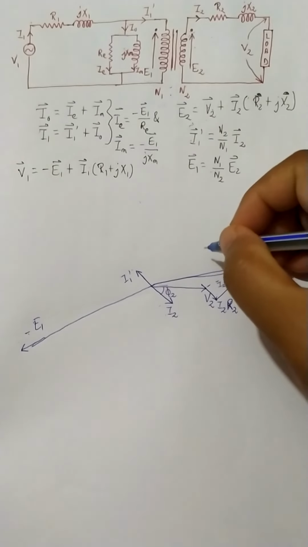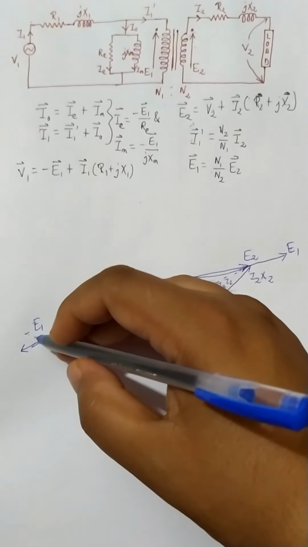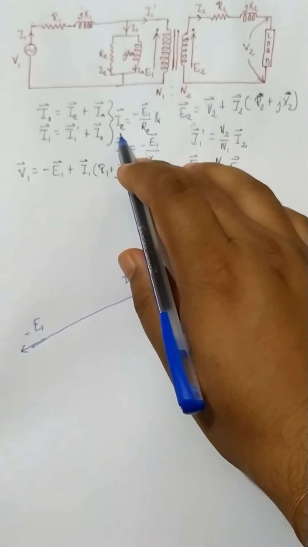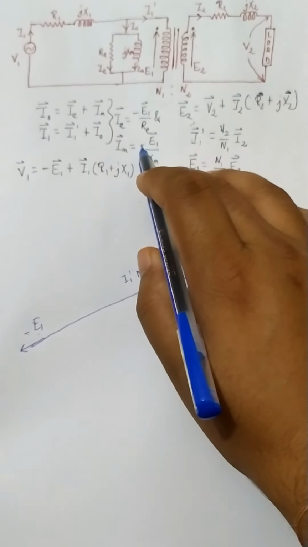Now what about E1 here? What about IE? That is equal to minus E1 by RE.